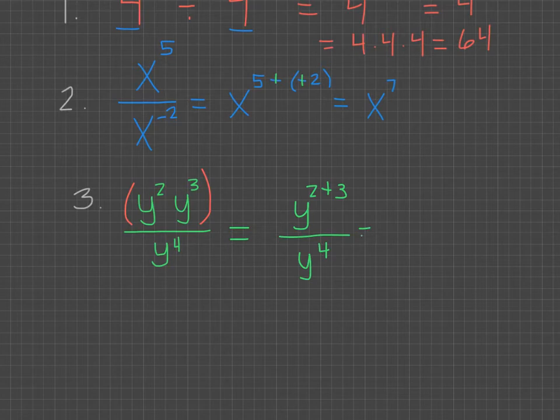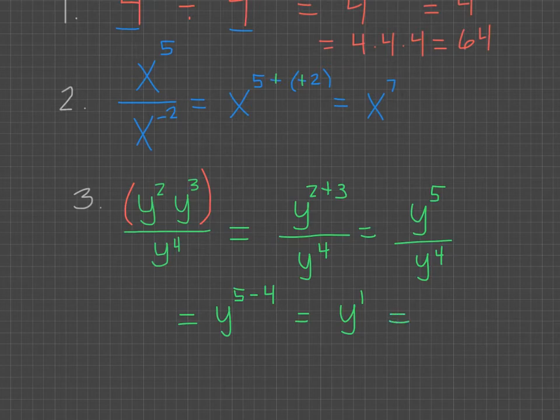We haven't done anything with that yet. So we get y to the 5th over y to the 4th. Now we can apply the quotient rule, and we can write that y one time, subtract 5 minus 4. Turns out it is just y to the 1. Well, y to the 1 is just y. So anytime we have an exponent of 1, it's just having that base all by itself.